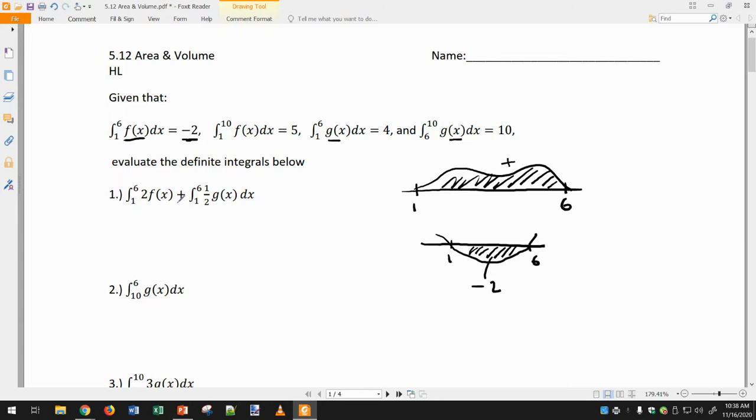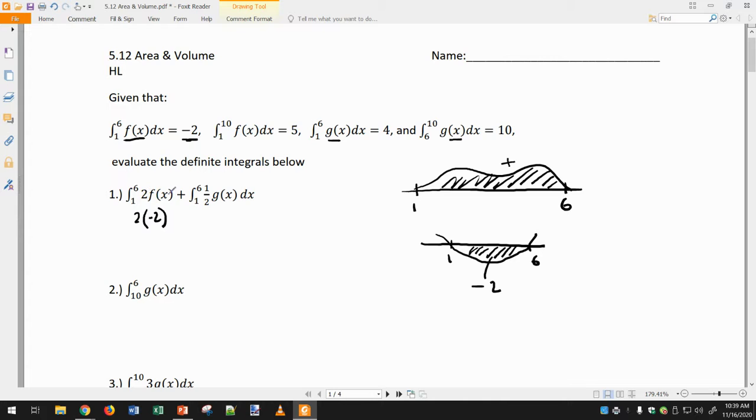So based on this given information, we have to figure out what these values are. So 2 times f of x, if we know from 1 to 6 is negative 2, then this is just doing 2 times negative 2, because we know from 1 to 6 the area under the curve of f of x is negative 2.